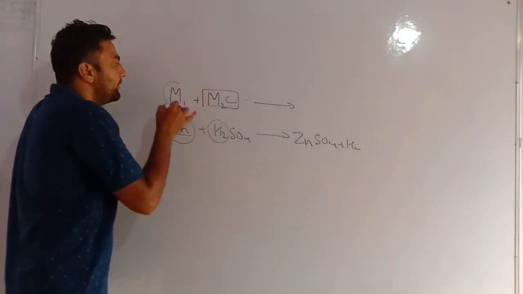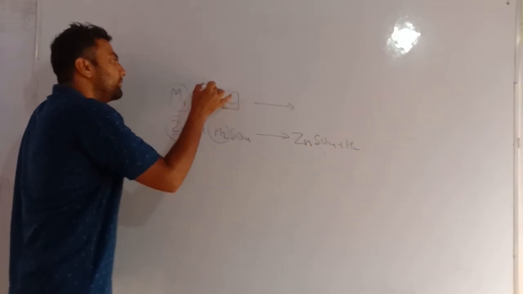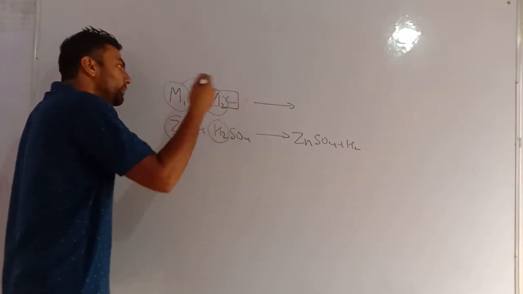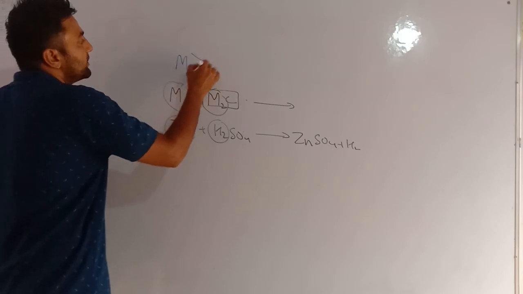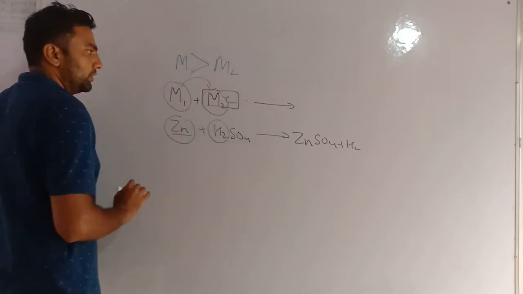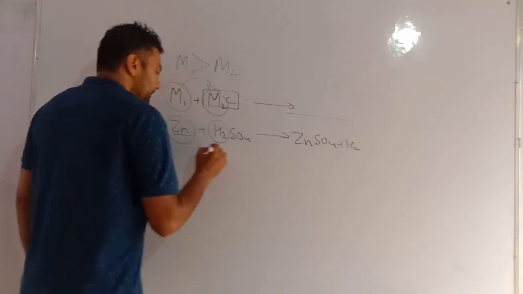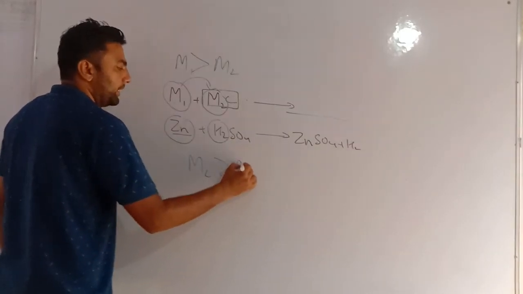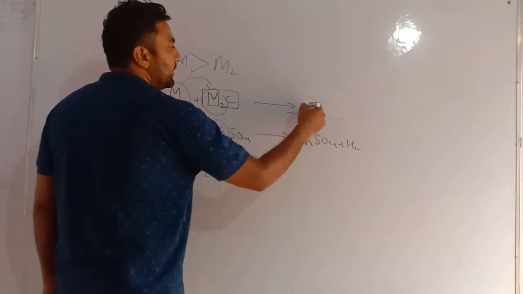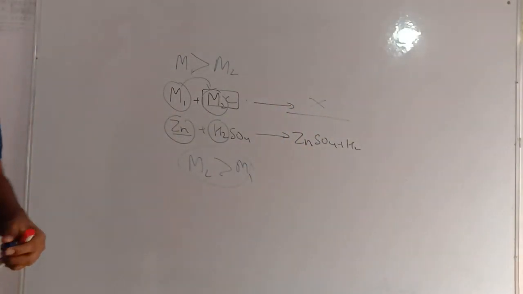So, if there is any element or metal 1, it will take the place of any element or metal 2 in that compound only and only if metal 1 is more reactive than metal 2. Then this reaction will take place. But if metal 2 is more reactive than metal 1, then this reaction will not take place.